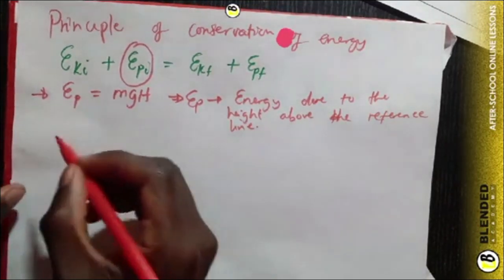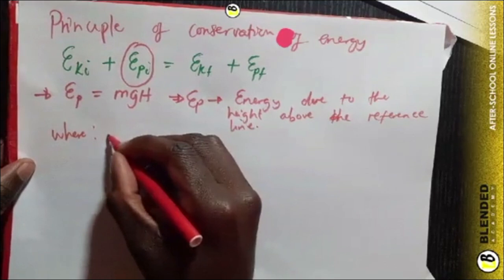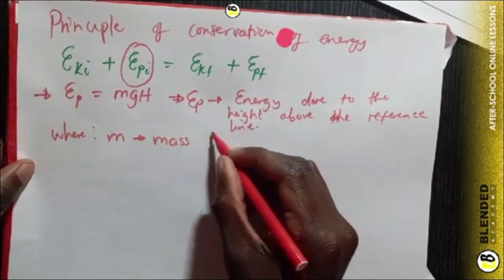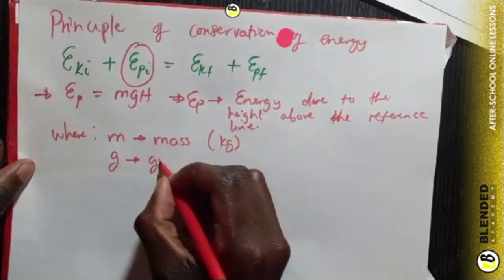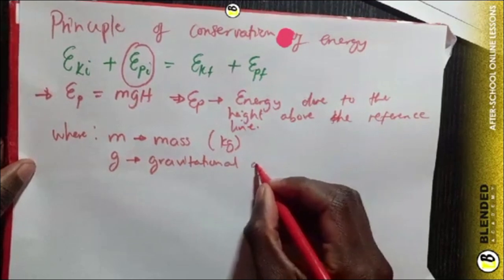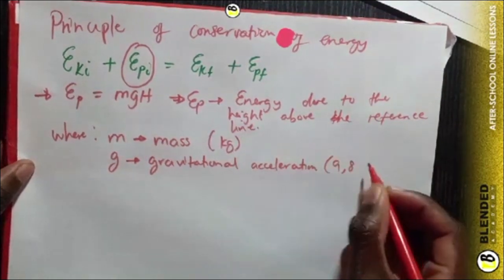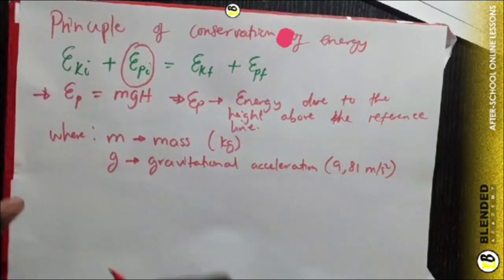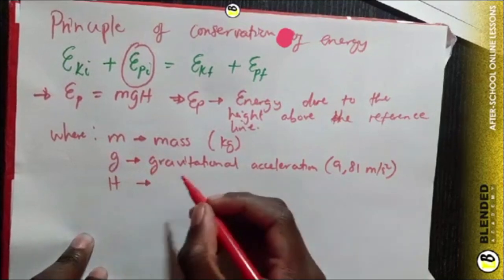And now in this case, m is the mass of the object in kilograms, and g is the gravitational acceleration, which is a constant, given by 9.8 or 9.81 meters per second squared, and h is your vertical height.